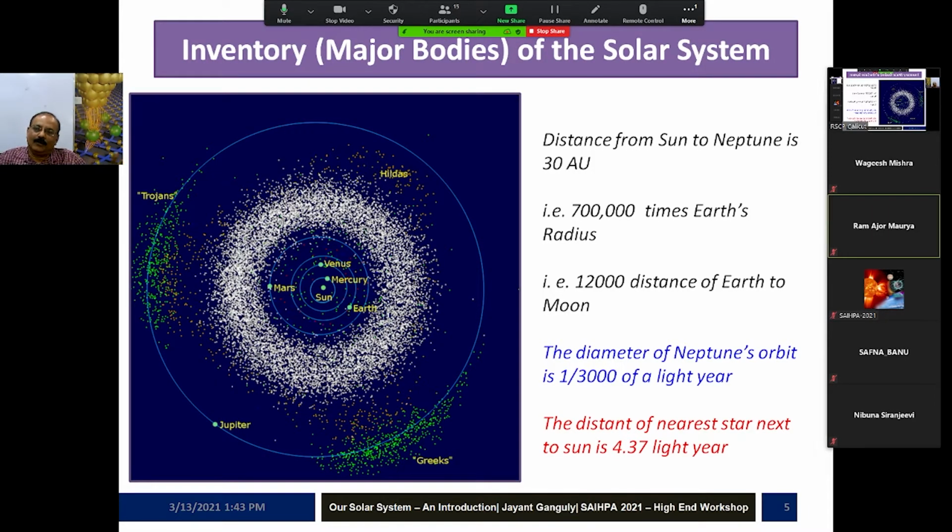So, a broad inventory of what is present in our solar system. Of course, we have the planets. The planets picture changed through the ages. What our ancestors knew, what our fathers or great grandfathers knew, has also changed through the ages. Today, by planets we mean Mercury to Neptune. These are the planets we consider. And then there are objects between Mars and Jupiter, the asteroids, and beyond Neptune there is the Kuiper belt, where a lot of objects are there, which we will also see.